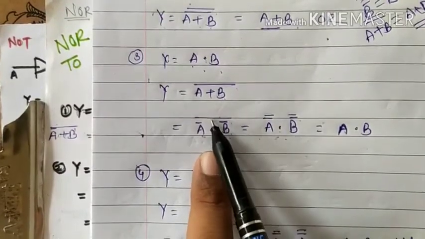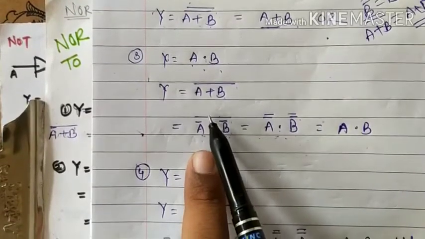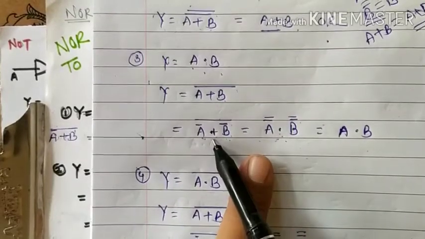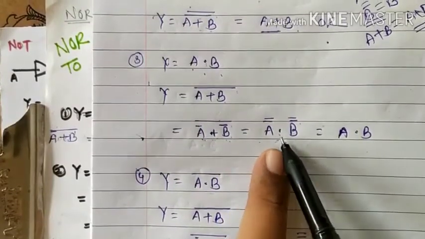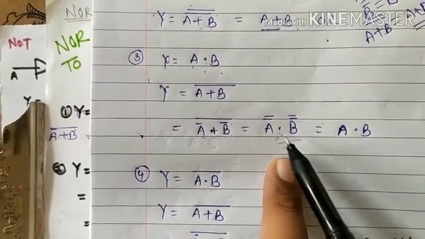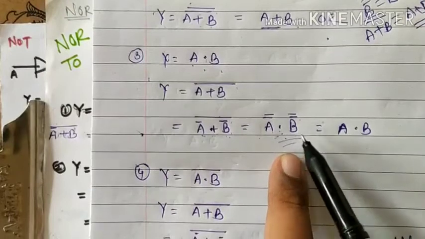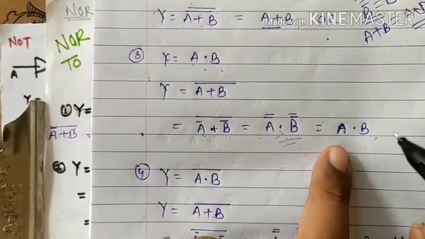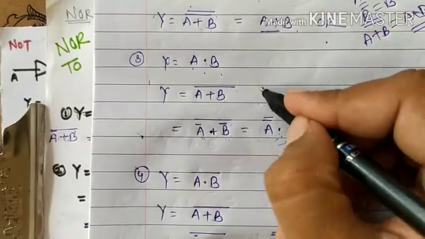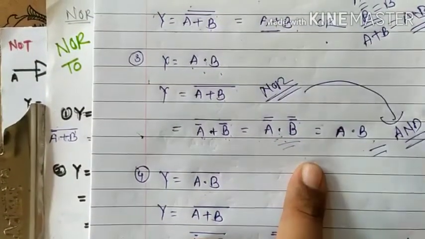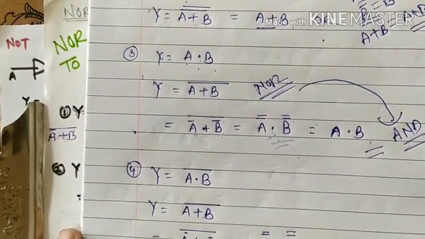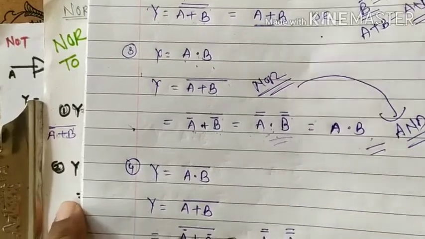We just break this bar, so this plus sign converts into a multiplication sign. So it becomes a double bar into b double bar, which is a into b. So we get our AND gate. In this way you have to understand how we convert our NOR gate into an AND gate.